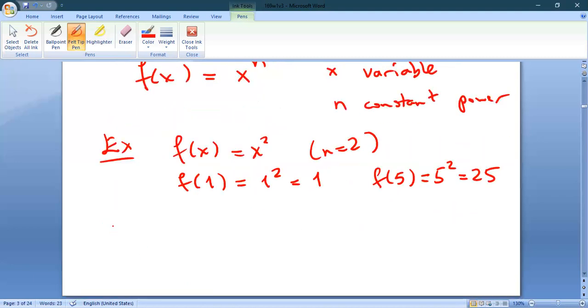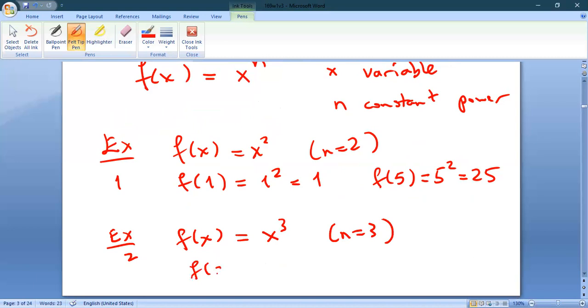Or we could have some function like x cubed. Here n is 3, and if we have, let's say, f of 2, then we have 2 cubed, which is 2 times 2 times 2, 3 times. So the 3 here is the number of times the input is multiplied by itself, which gives 8.